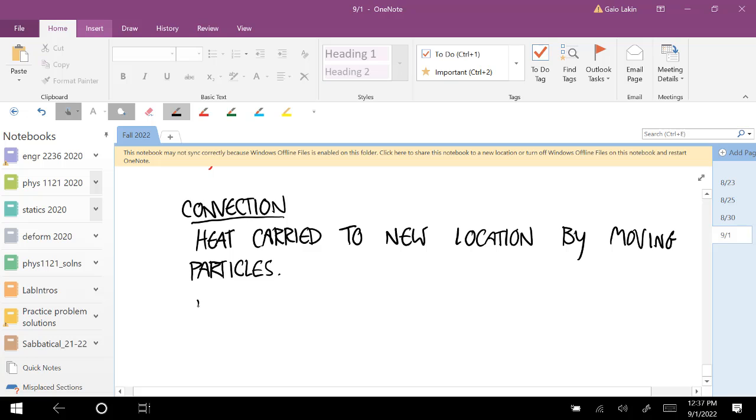The equation for this one is Q dot is equal to lowercase h times A times the quantity temperature of the body minus temperature of the fluid that's surrounding it.